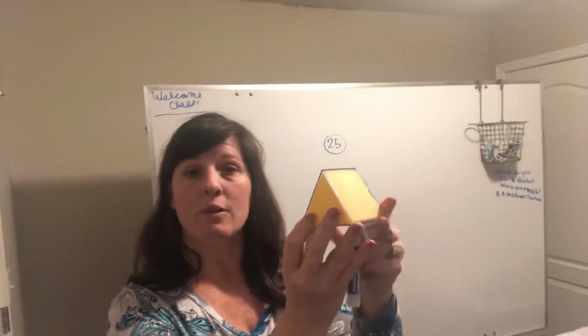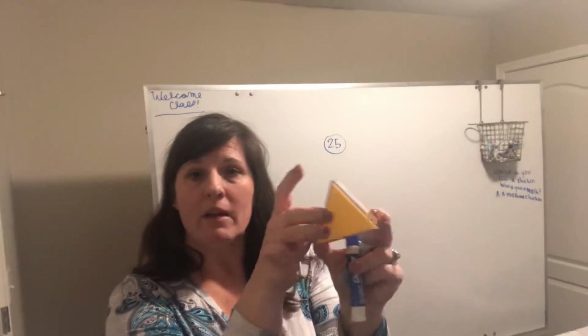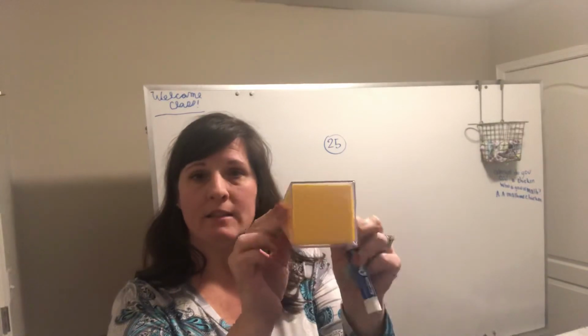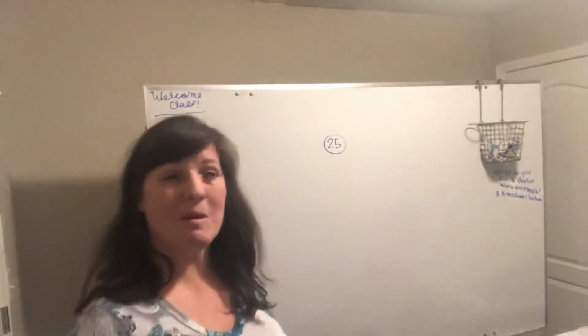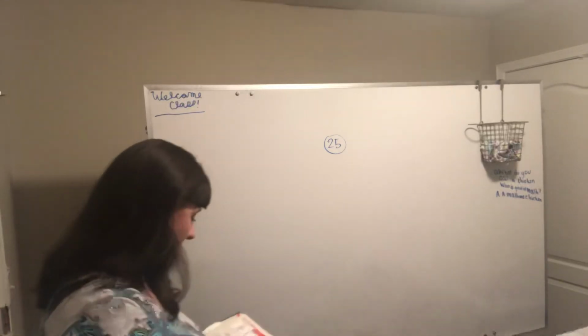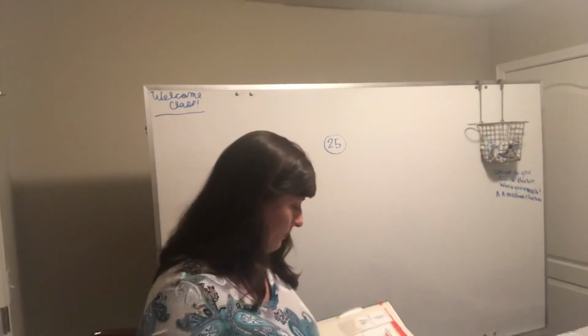Be careful. The two sides that are parallel, these two triangles, those are your bases. This is not the base. I know that gets confusing sometimes with how you look at it in the book, and that might be a common mistake.